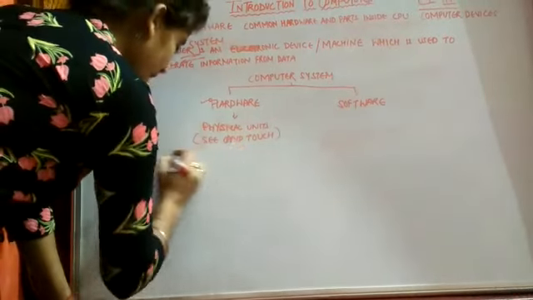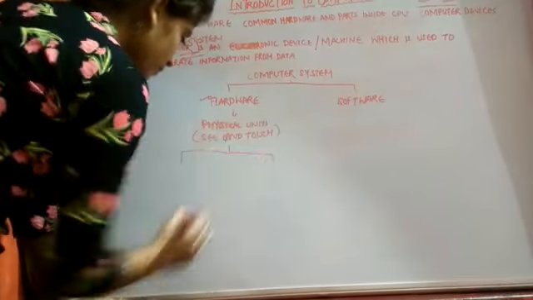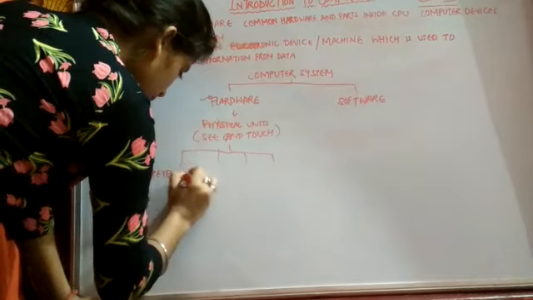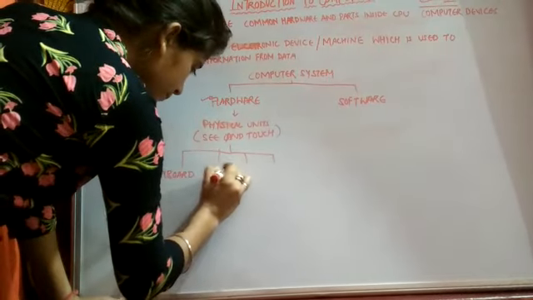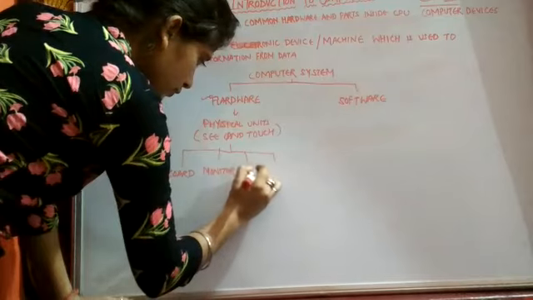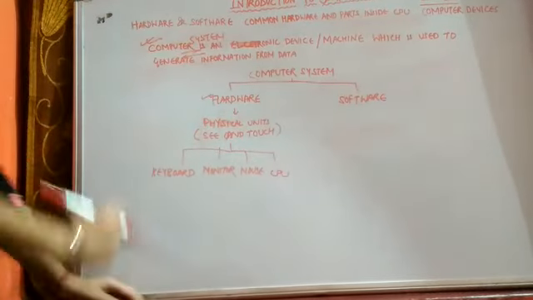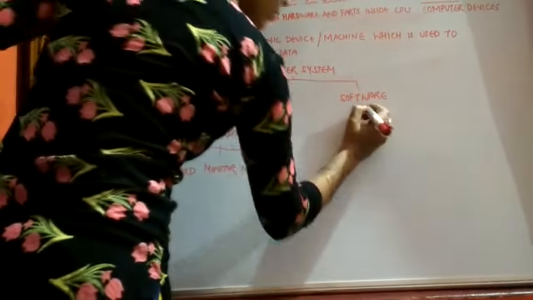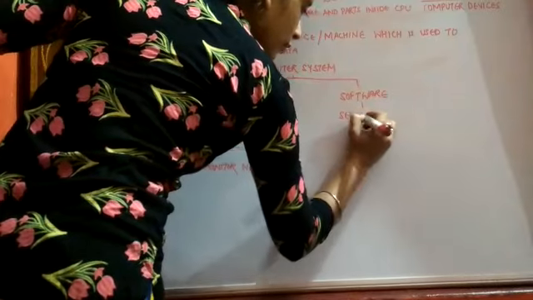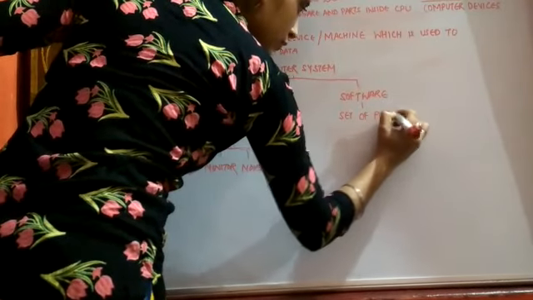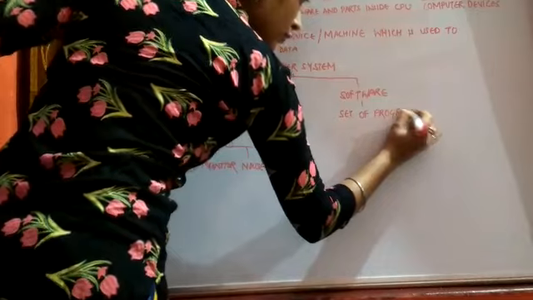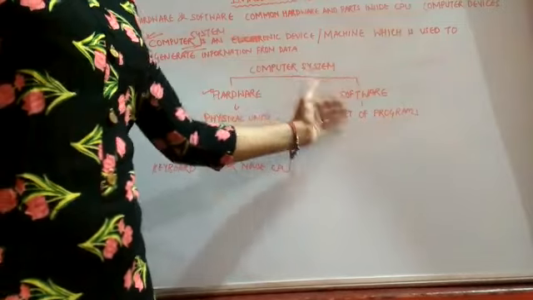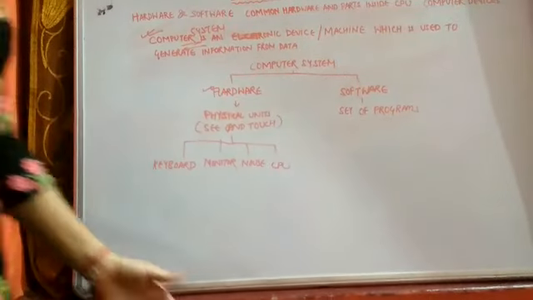We can give examples like keyboard, monitor, mouse and CPU. So next, what is software? Software is a set of programs. Further, this software is classified into two types, which I will be explaining later on.